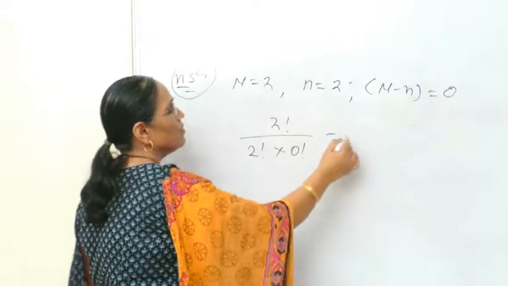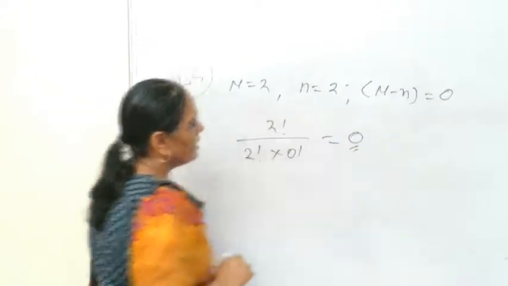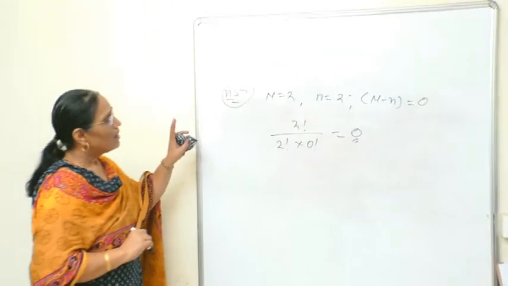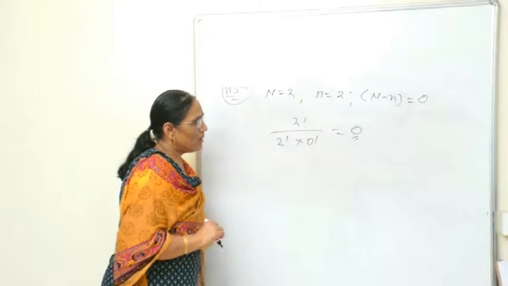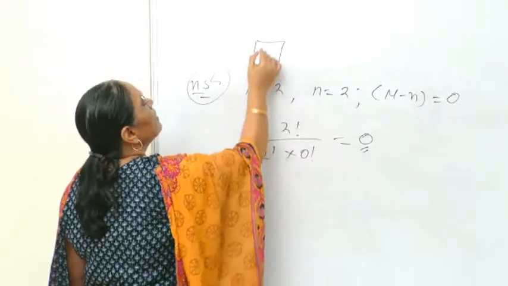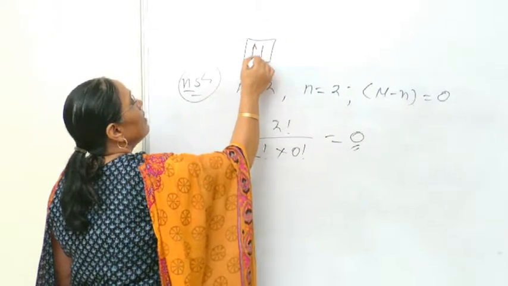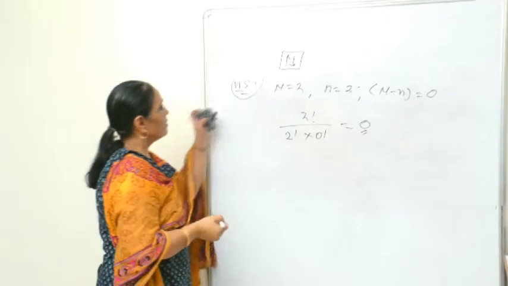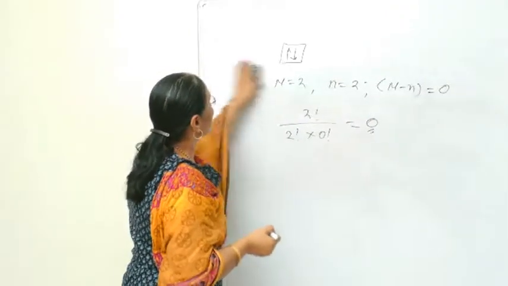So the solution comes to be 1, that is the value is 1. It means a single representation is possible, and that representation for ns2 will be one electron with upspin and the second electron with downspin. There is no other possibility. So only one possibility is there.